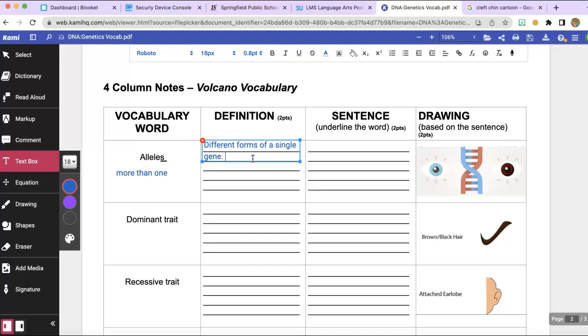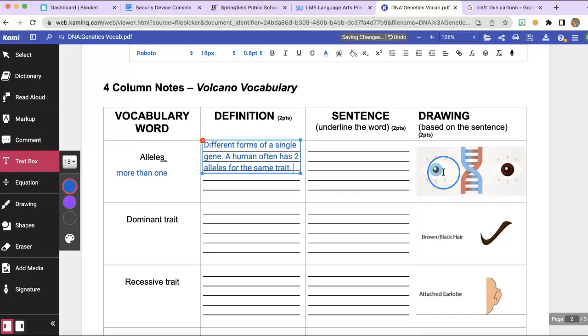That might seem crazy, but I will continue to explain. I need you to write this too. A human, that is you, often, that means most of the time, has two alleles for the same trait.